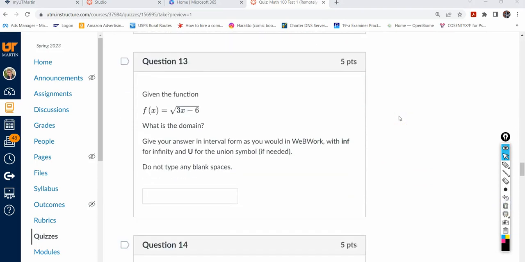All right, now what's the domain for a square root function? Well, the domain for a square root function is whatever's inside here can be at least 0. So whatever's inside, the argument has to be greater than or equal to 0.